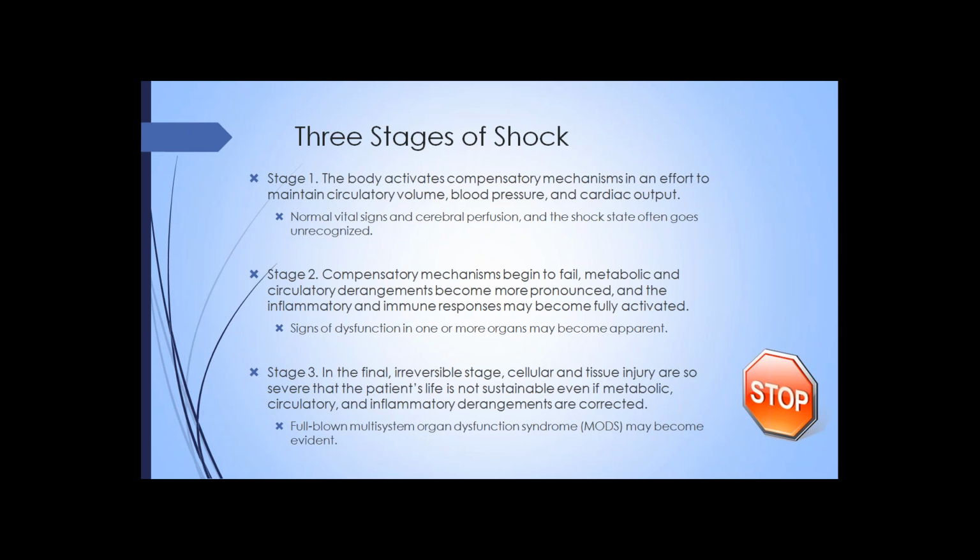This is where we have resulted in complete shutdown. We have full-blown multi-system organ dysfunction syndrome, where we have multiple organ systems that are failing. And it's all become very evident. So we have to stop this in stage 1 or stage 2, because once they reach stage 3, it's irreversible and our patients do not recover.